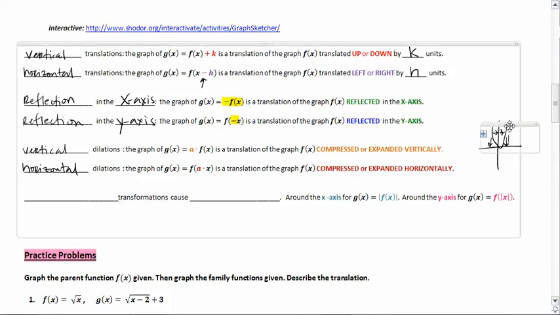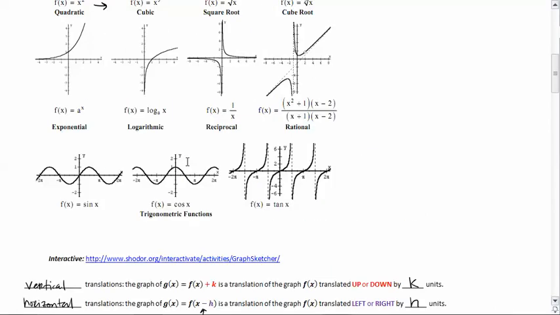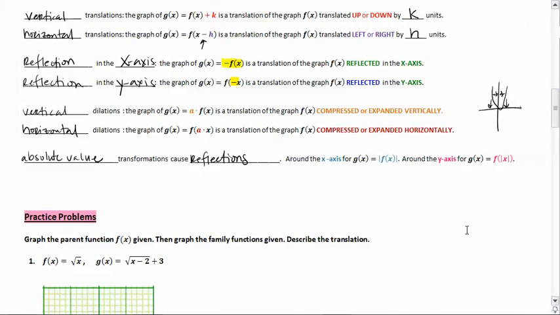That's horizontal. The last sort of transformation we can have is an absolute value transformation. These cause reflections. So we're looking at the sorts of things that you can do to an f of x, right? What can I do to this function in order to move this graph? So the last sort of thing you can do to a function is to add an absolute value to it.